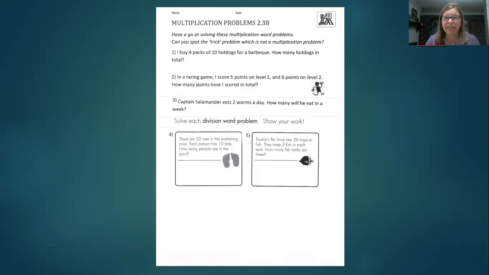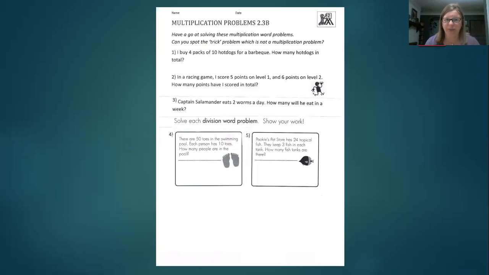So draw arrays, or use counters to make an array, or draw pictures to help you to understand this and figure out this question. Okay, so you can have your older sibling or your grown-ups explain how to do a multiplication using this standard strategy of setting up your numbers in tens and ones. But I would encourage you to use counters or pictures instead.